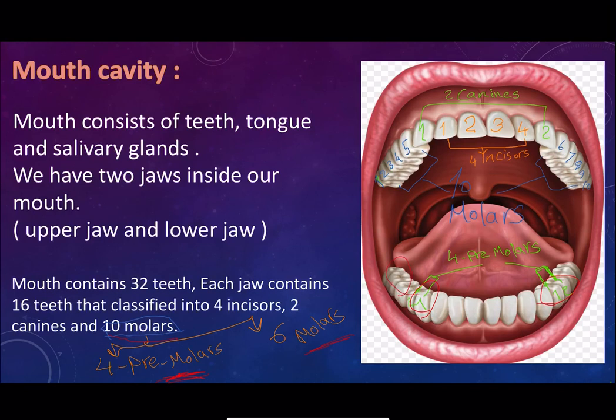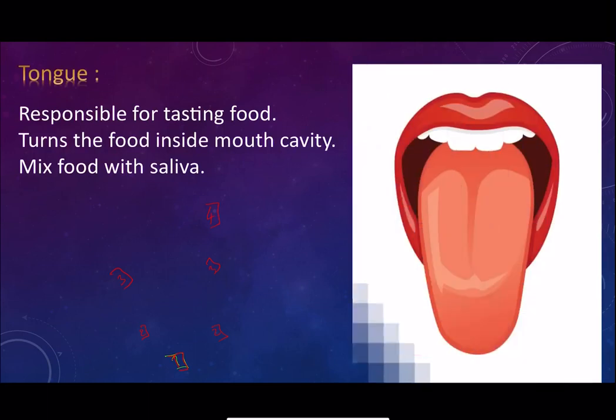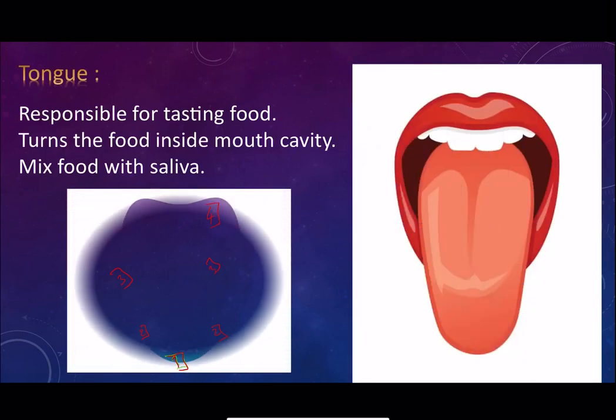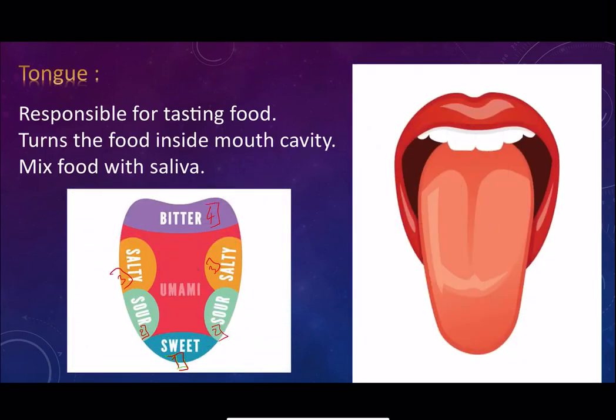Okay, and then we said that the tongue is responsible for tasting food, turns the food inside the mouth cavity, mixes the food with saliva, and we described the parts that are responsible for tasting the food.